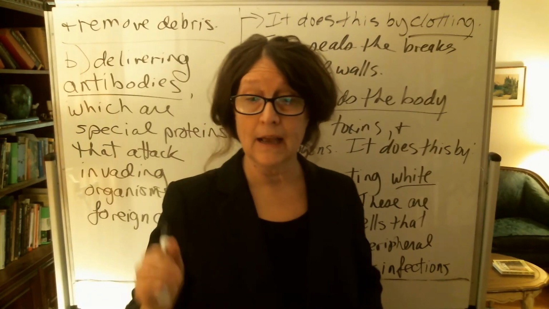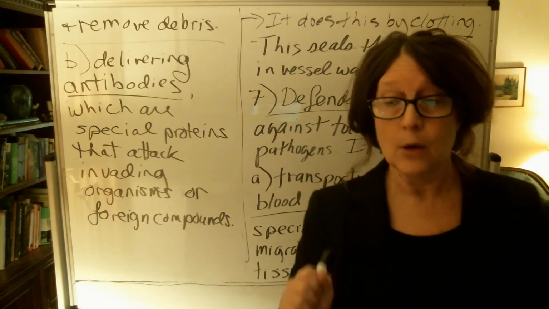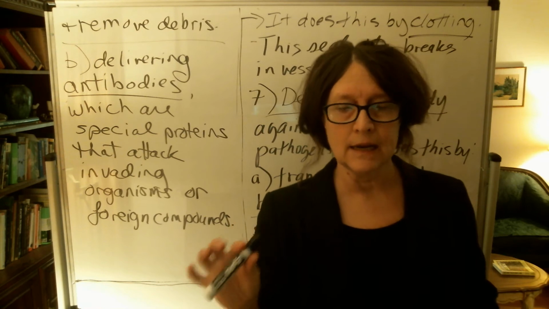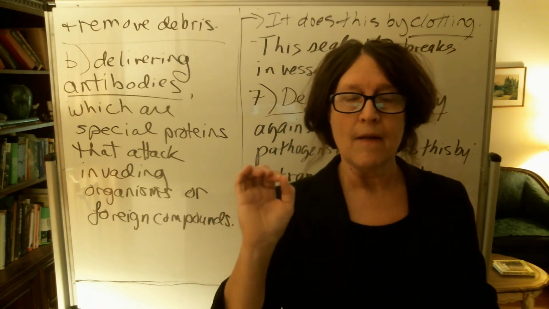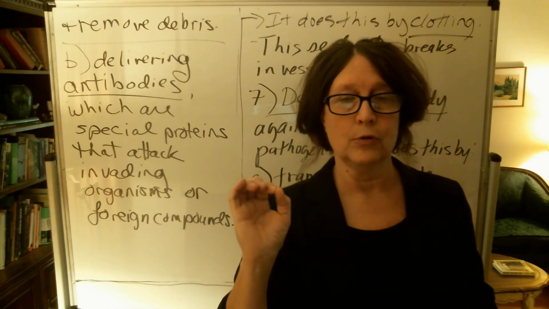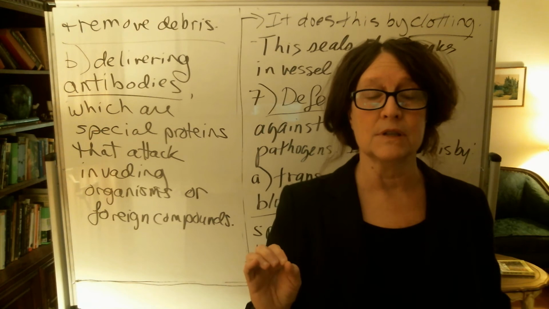What I am getting at here regarding, as I said, delivering antibodies. What's going on there is that antibodies are these tiny proteins. You can think of them as being like very specialized protein robots. They are a part of your specific immune system.